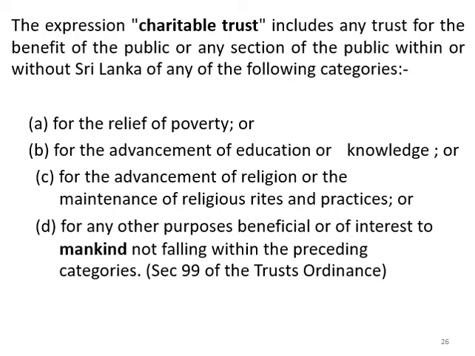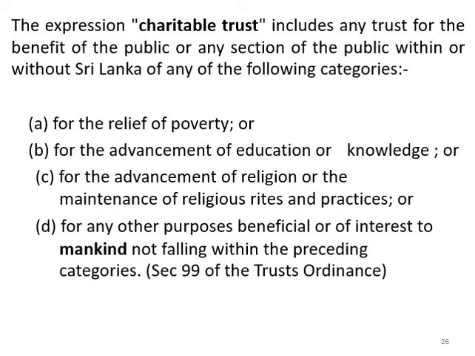Then from this section 99, subsection 1, these charitable trusts should be for the benefit of the general public or a section of the general public, and also it is for the charity specified in section 99.